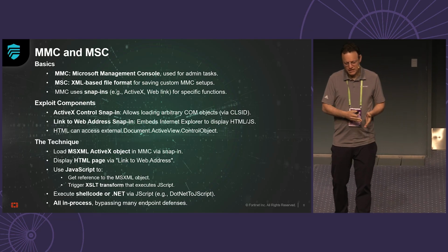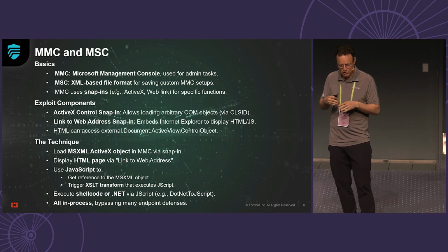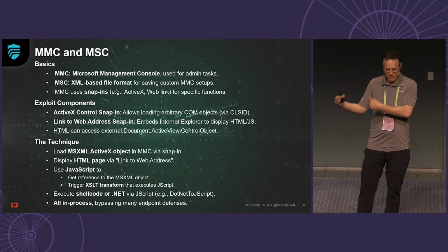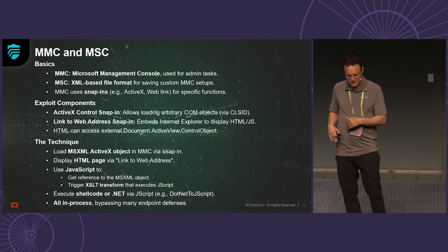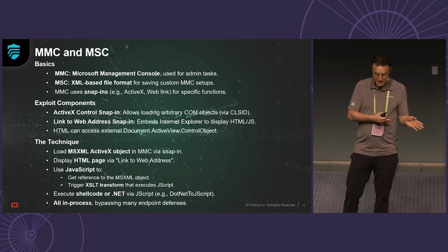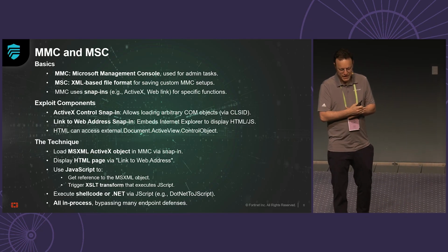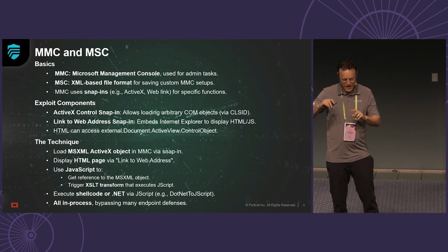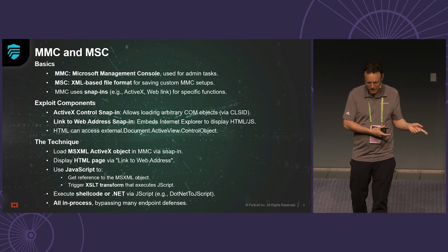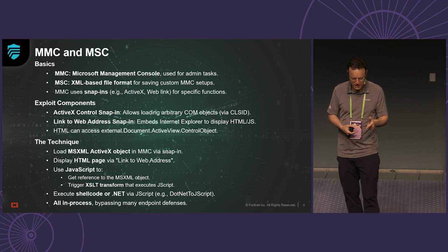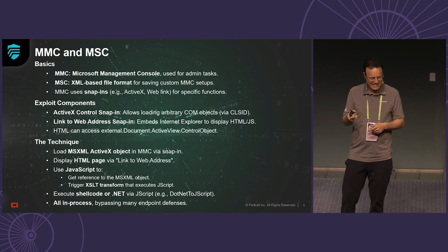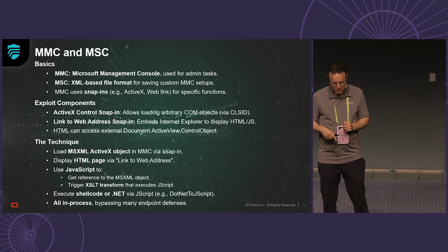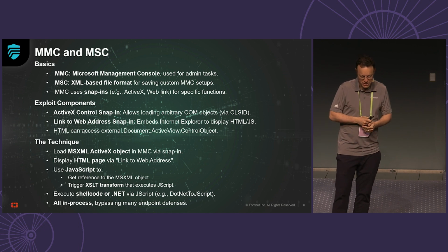So the technique is about loading an ActiveX object via the MMC snap-in, displaying the web page via Link to Web Address, and then using JavaScript to get a reference to the XML object that called the Link to Web Address, and trigger an XSLT transform that will execute the JavaScript, right?